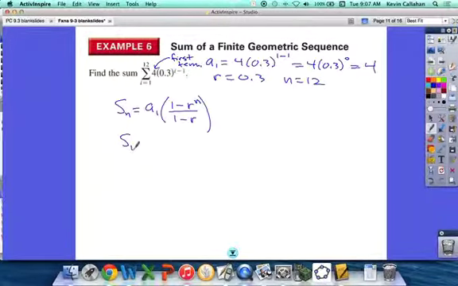S12 equals first term is 4 times 1 minus 0.3 to the 12th, divided by 1 minus 0.3.